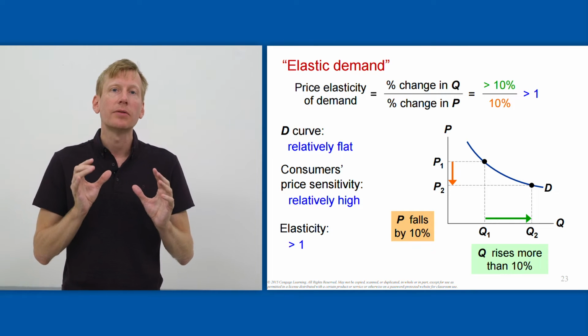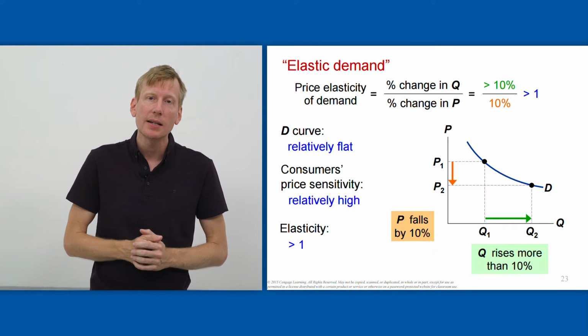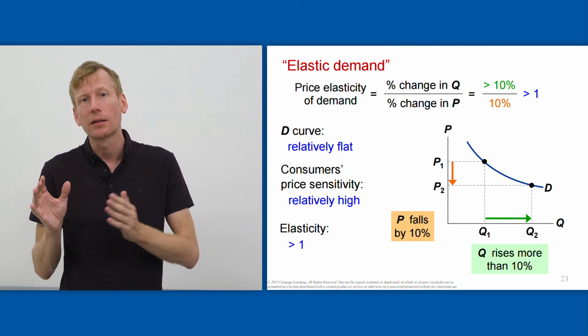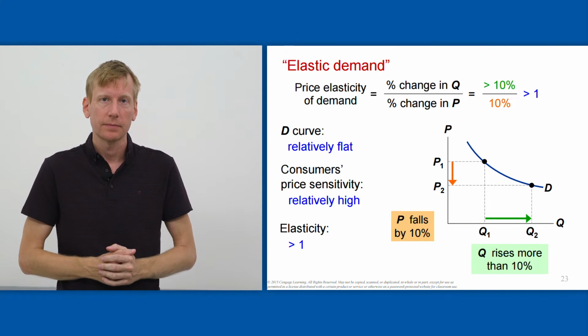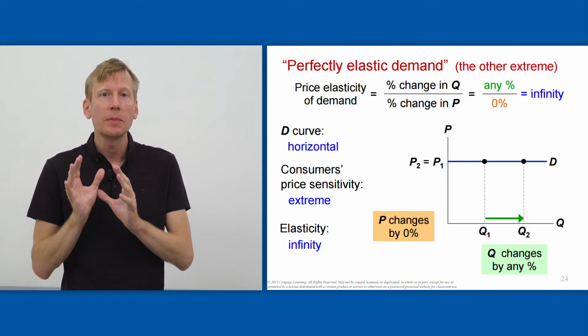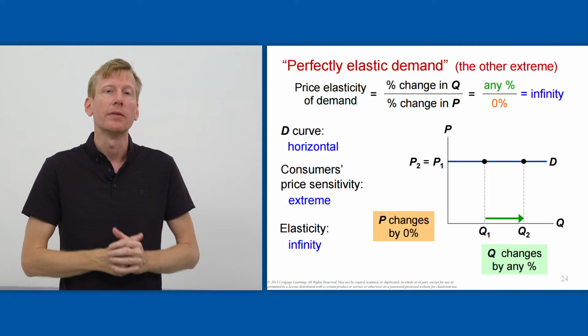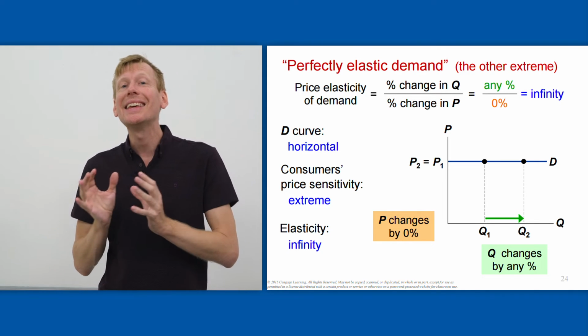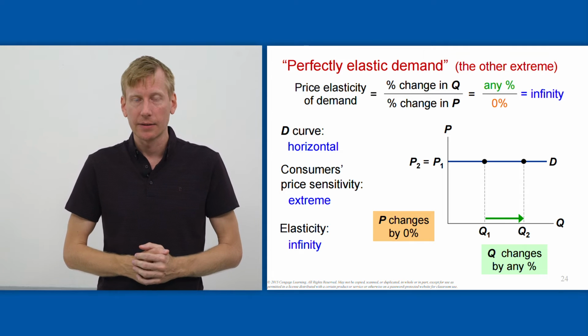This high degree of responsiveness to changes in the price would go along with, relatively speaking, flatter demand curves. Now, the last extreme case, this fifth category of demand, is perfectly elastic demand.